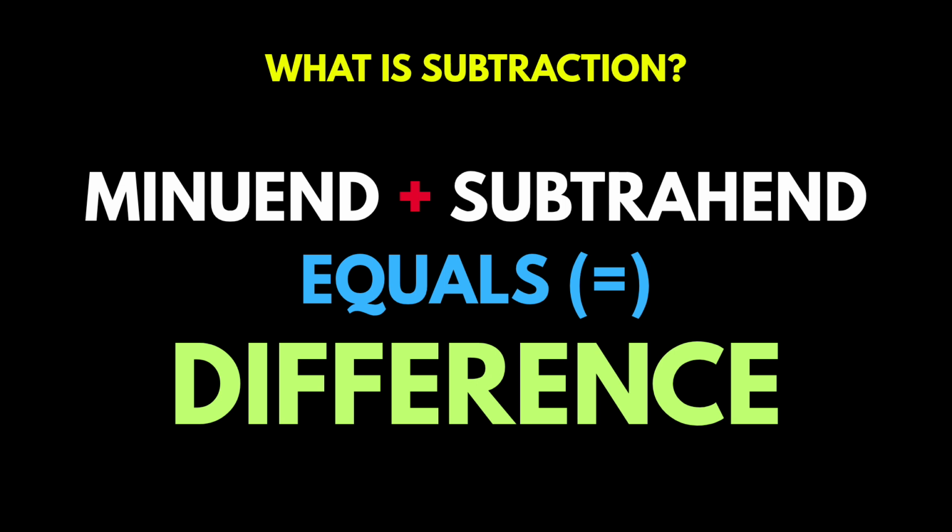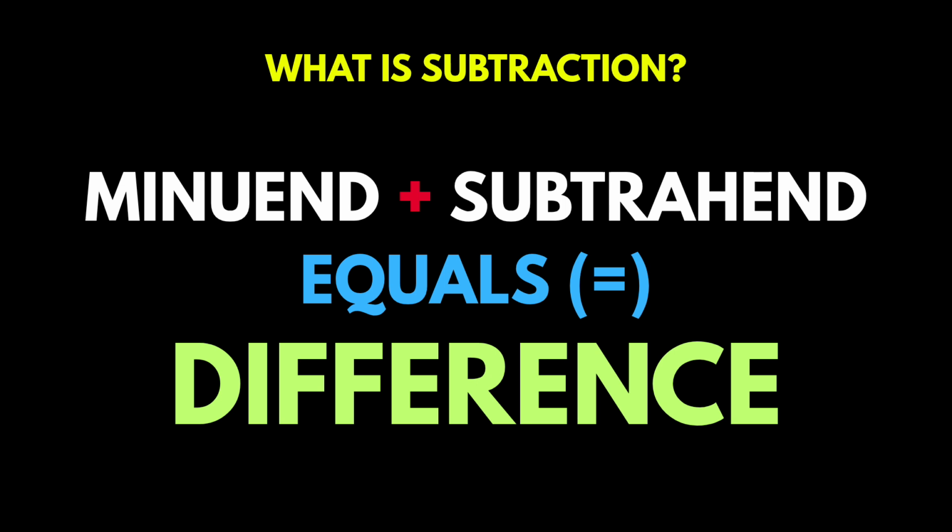Now, here's the vocabulary. The number you start with, the one being reduced, is called the minuend. The number you are taking away is called the subtrahend. And the result, what you have left, is called the difference. Say those with me.